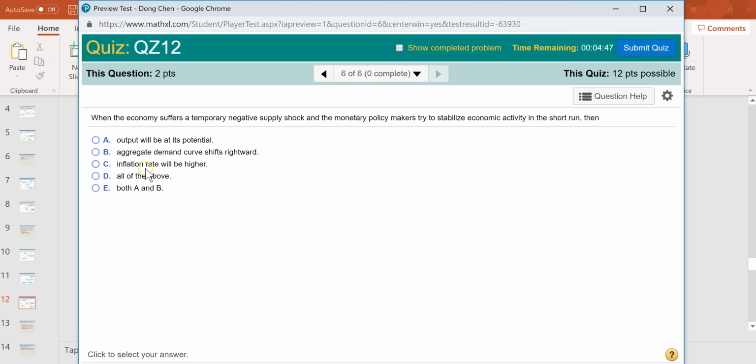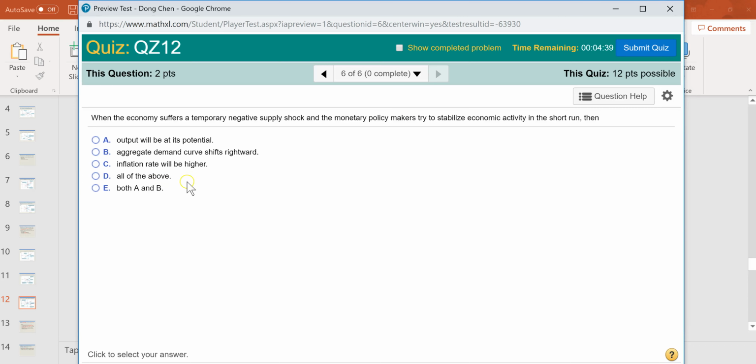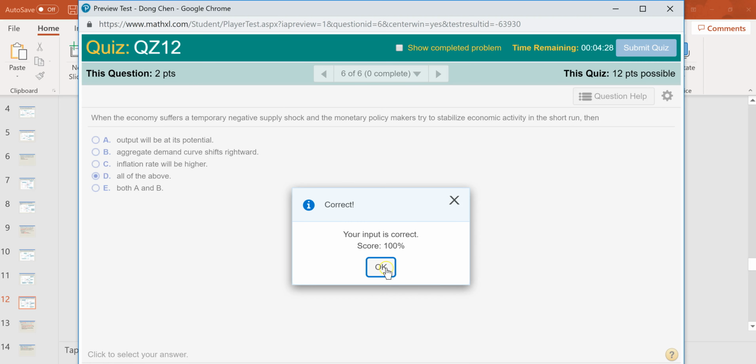And C, inflation rate will be higher, and that's also right. Compared with point 1 here, point 3 has a higher inflation rate. So D, all of the above, is correct, and E is not, because C is also correct. So let's check our answer. The answer is correct.